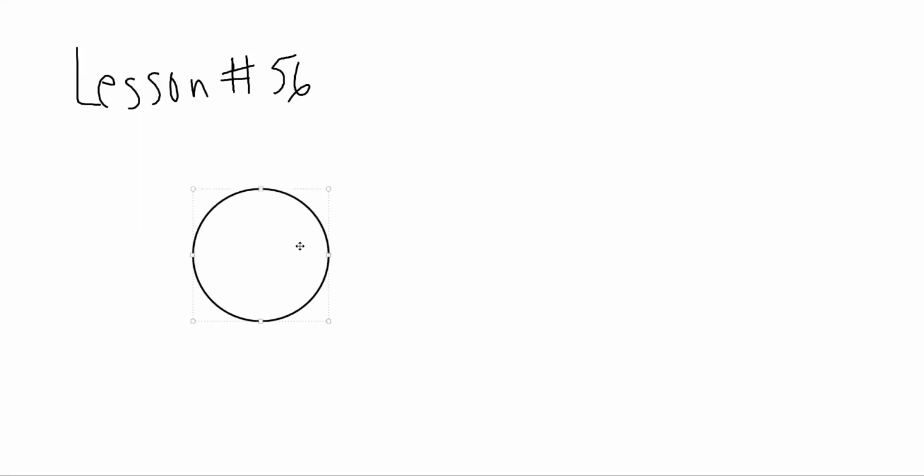So if I have a circle, and then remember, this is my center point here. Okay, and then we'll say that I have this angle that stems from the center.